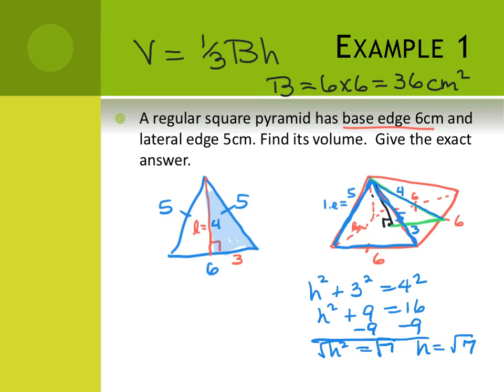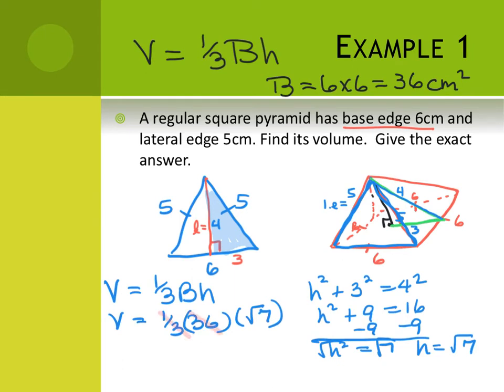Now that I have the height, I can go back to my volume formula. 1/3 capital BH. 1/3 area of my base was 36. My height is the square root of 7. I'm going to simplify diagonally here. Change this to a 12.